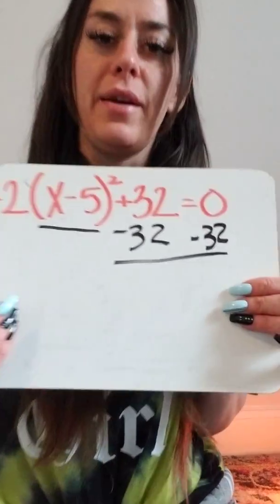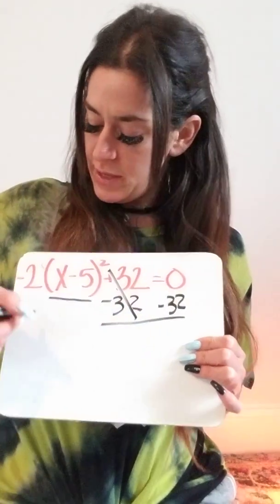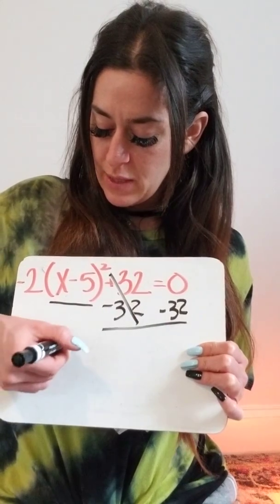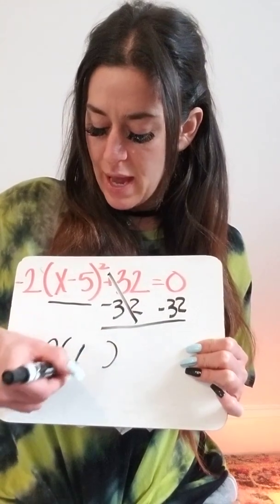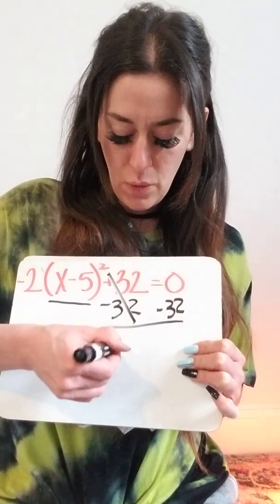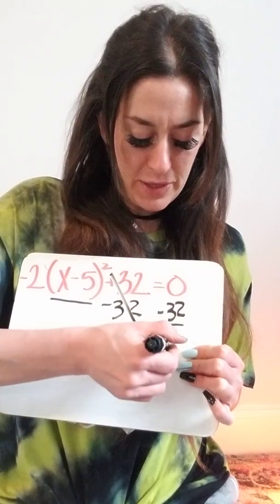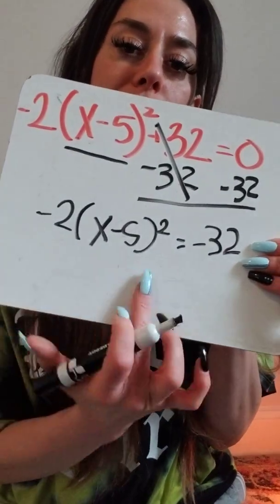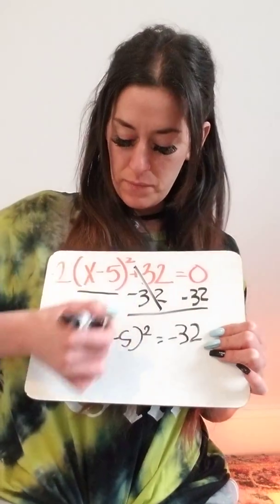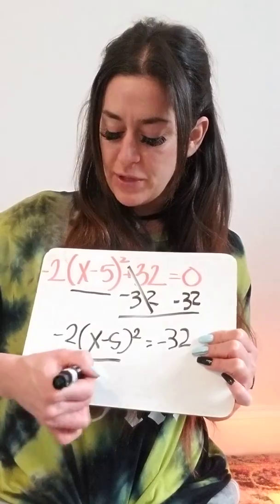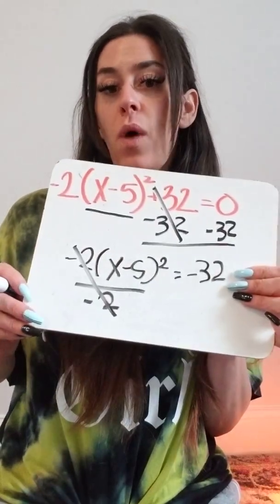So I'm going to go ahead and subtract 32 from both sides of my equation. When I do that, now I'm left with -2 times x minus 5 squared equals -32. Okay. I'm going to divide both sides by -2. If I divide this side by -2, these cancel out to be 1.